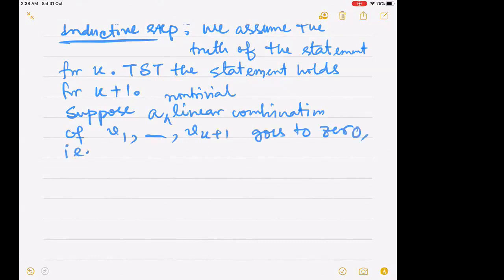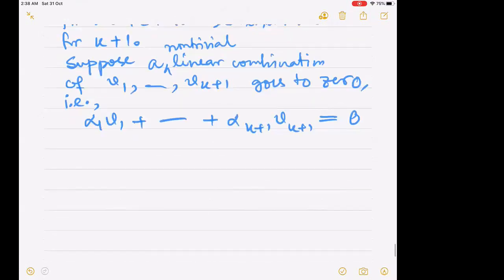That is, alpha 1 V1 plus dot dot dot up to alpha k plus 1 Vk plus 1 is equal to 0. Since this is a non-trivial linear combination, not all alpha i's are 0.